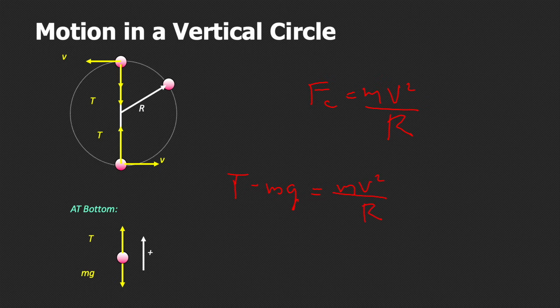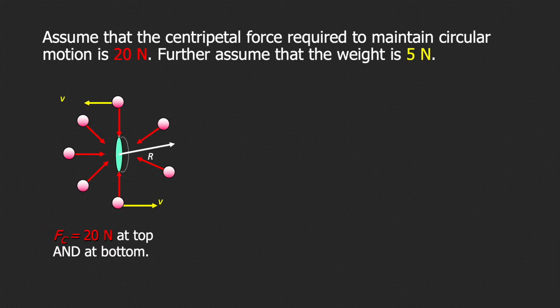To get T, again, transpose mg to the other side. So T is equal to mv squared over r plus mg. Again, this is how we get T, given m, v and r, when the object is at the bottom of the vertical circle.